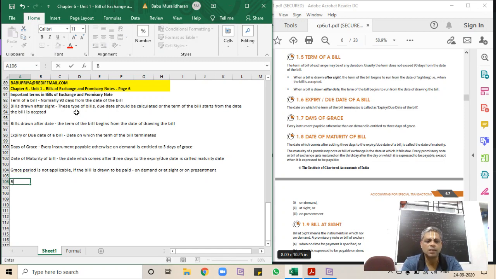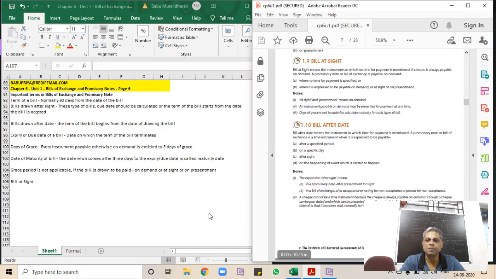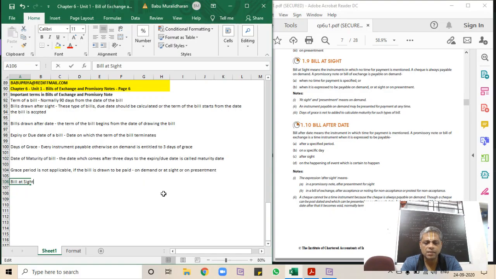The next concept that comes in is bill at sight, which is an instrument where no due date or payment date is mentioned. Bill at sight is a term used when there is no due date or payment date mentioned.